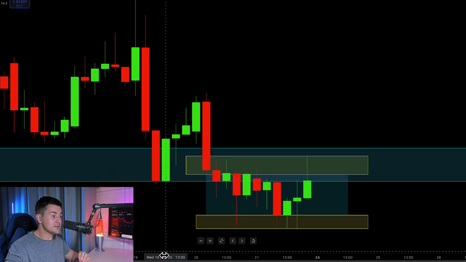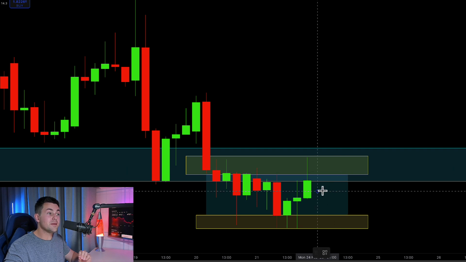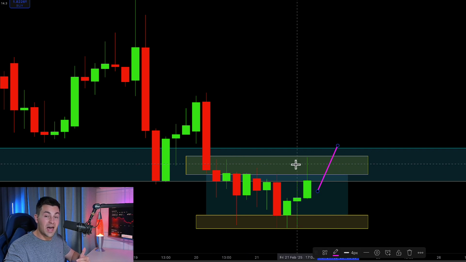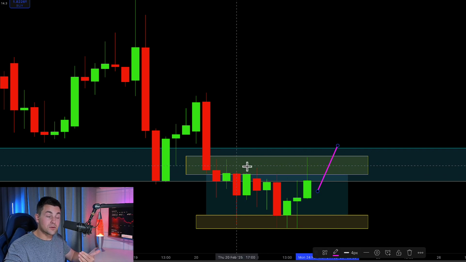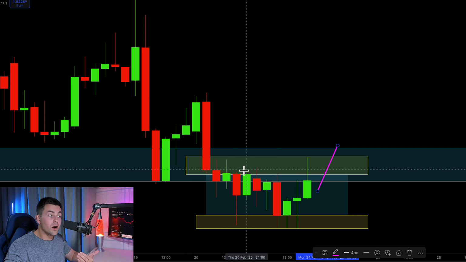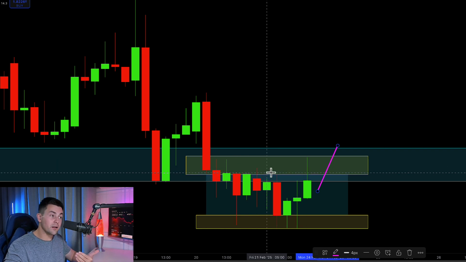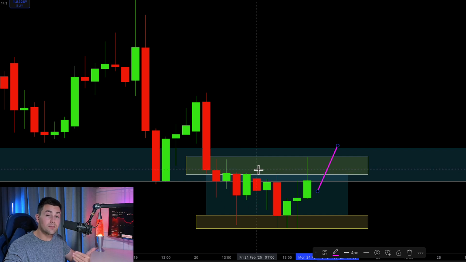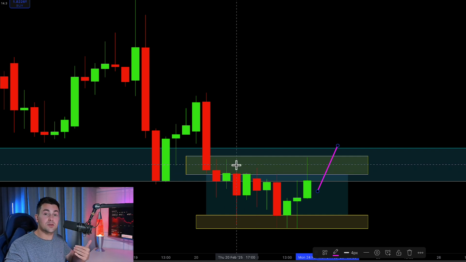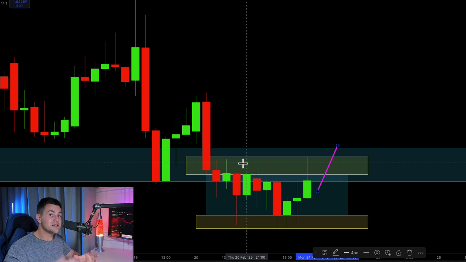And the best confirmation here will be the breakout of that minor resistance, the resistance of that range. So far, we see a clear interest of the sellers to sell from that area, and we see strong bearish reactions from that. Bullish violation of that resistance will indicate that the smart money are finally pushing the prices higher.